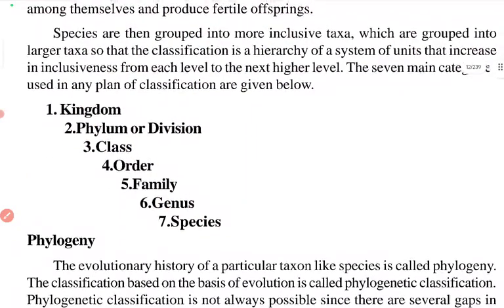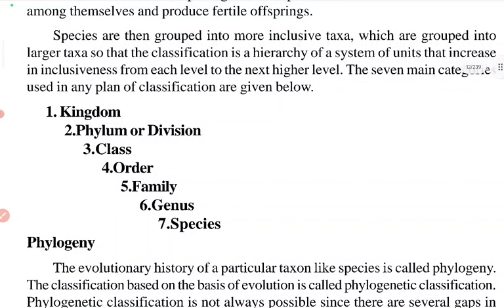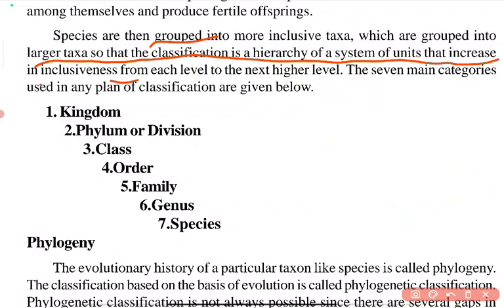Okay, now species are then grouped into more inclusive taxa. Now friend, जो species है ना, इनको और भी अलग अलग taxa में grouped किया गया है. Okay, now listen how, they are grouped into larger taxa so that classification of hierarchy of systematic units increases in inclusiveness from each level to the next higher level.